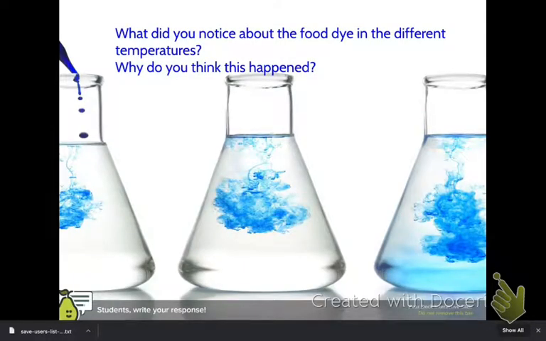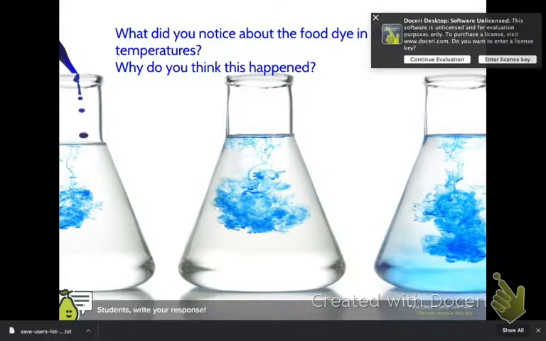So in that virtual opener that we did, we had a food dye placed in 3 different containers. One of the containers was very cold water, one was room temperature, and one was hot water. What did you notice about the food dye and the different temperatures, and why do you think that happened? The rate of diffusion here has to do with the temperature.